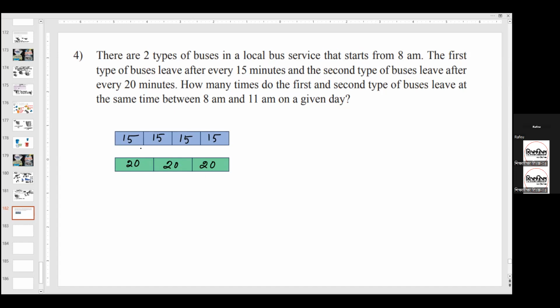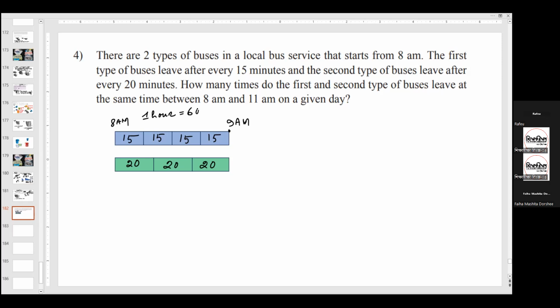So in 1 hour, from 8 to 9, if this point is 8 a.m. and this point is 9 a.m., this is 1 hour, which is 60 minutes, right?